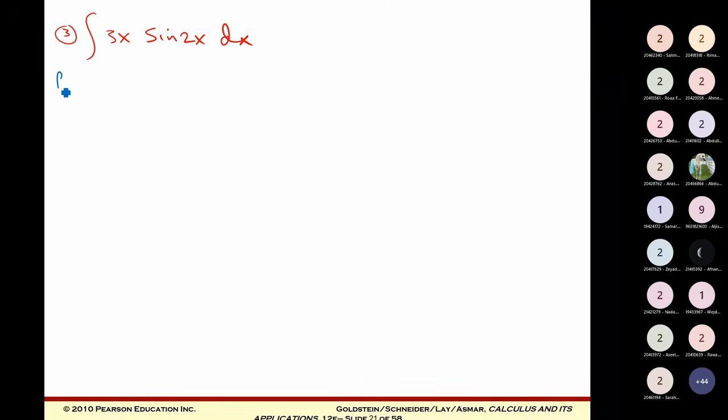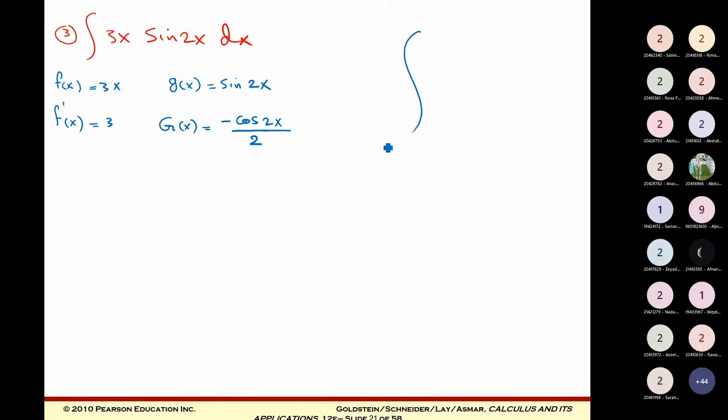By parts, f of x equal 3x, so f prime of x equal 3, but g of x equal sine 2x, and g capital equal negative cosine 2x over 2, because the integral of sine ax equal negative cosine ax, but over a.